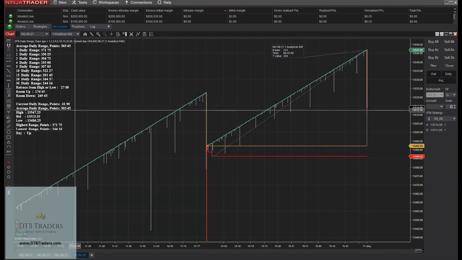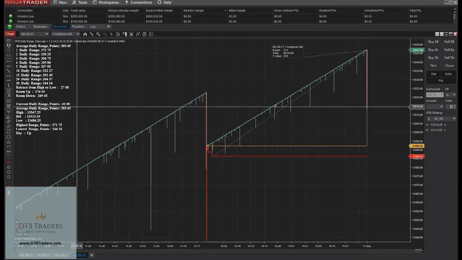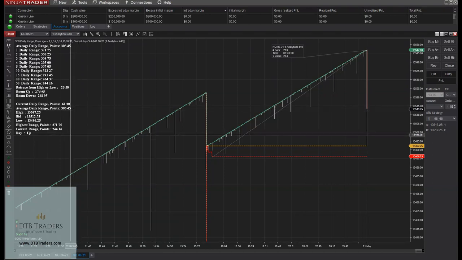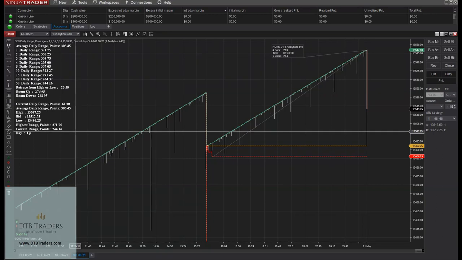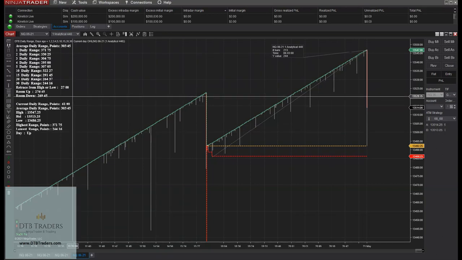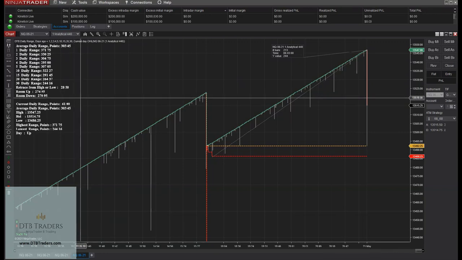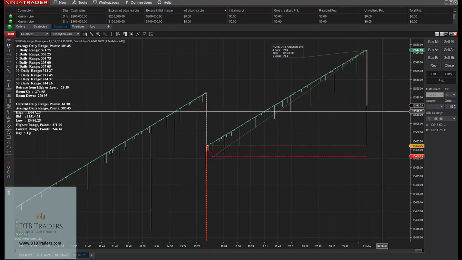Again, you've got your average daily range, so you can have a quick snapshot and see, okay, the price has traveled so far 61 points. The average of the day is 300, so it's got 240 to go, well, it's got 274 points to go up or 270 points to go down from its current point.